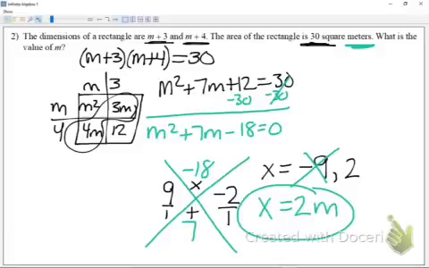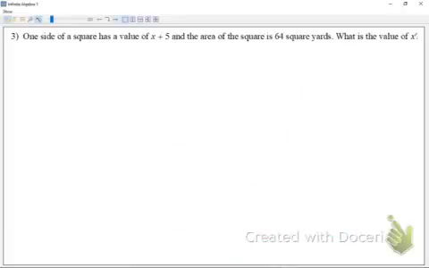Okay, why don't you guys go ahead and take a look and do problem number 3 for me. Now, the big thing to remember when you do this problem is that we're no longer working with a rectangle. We are working with a square. And the thing that we need to know about squares is that if one side is x plus 5, that means that your other side is x plus 5, and that the area is 64.